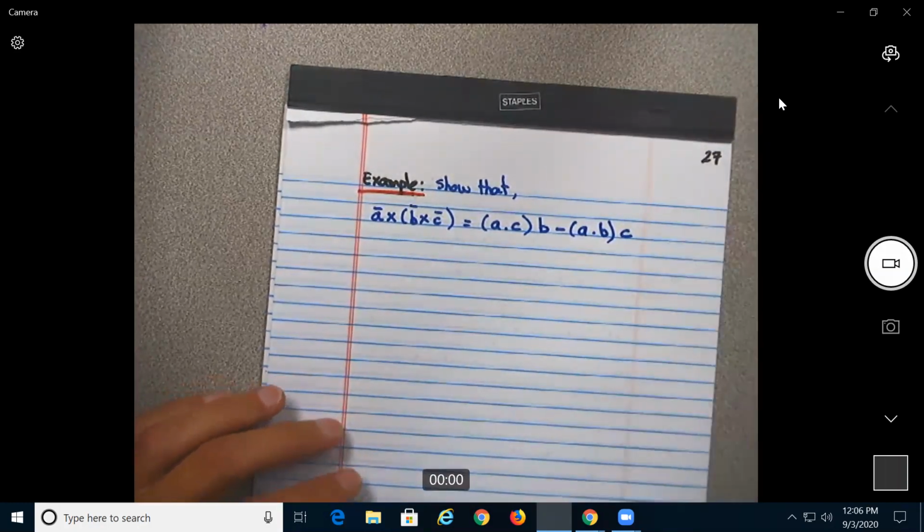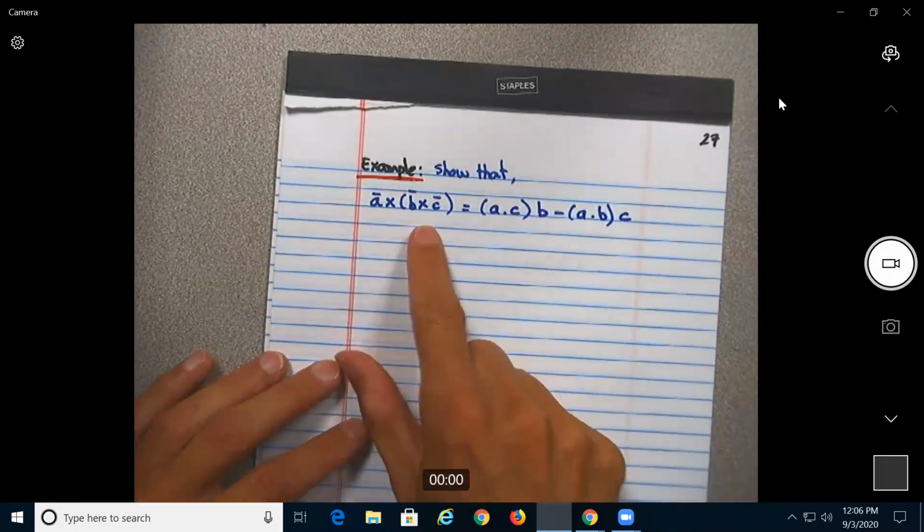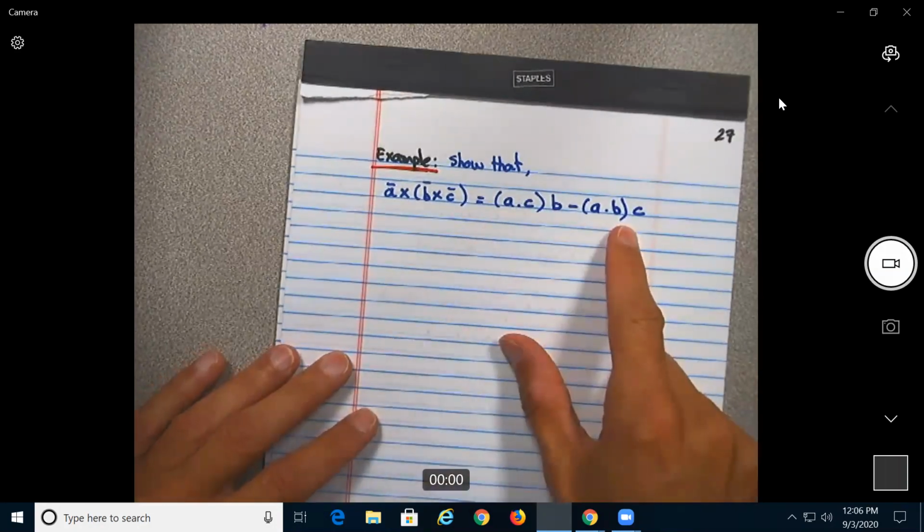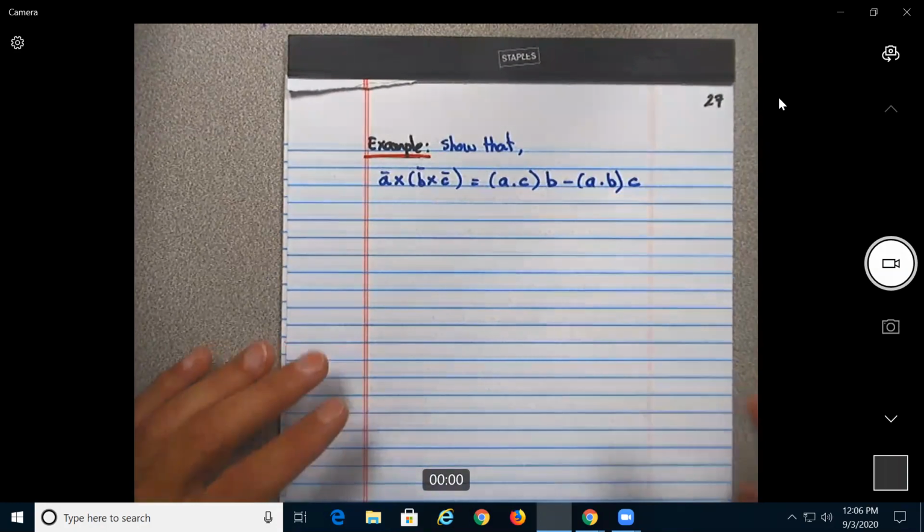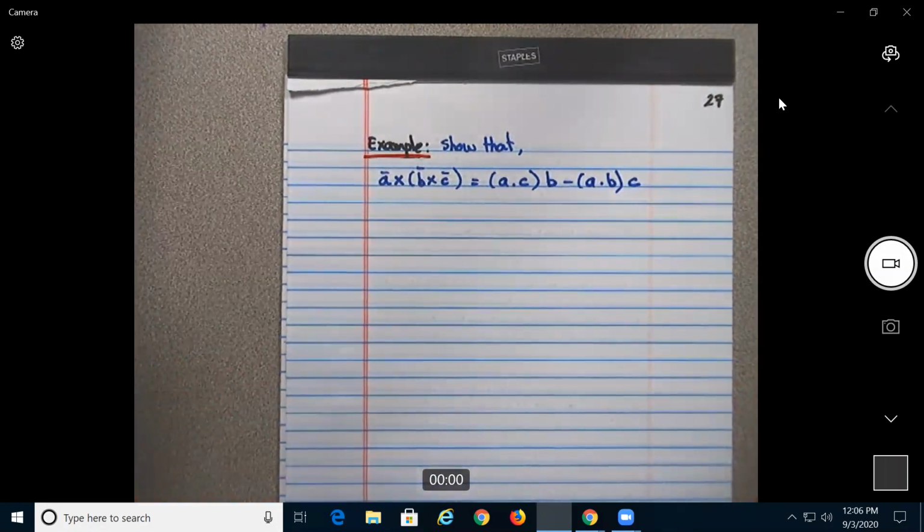So basically what it says is that doing the triple cross product is equivalent to doing this operation over here. Okay, and you need to prove it. All right, so let's go slowly, but let's do it.